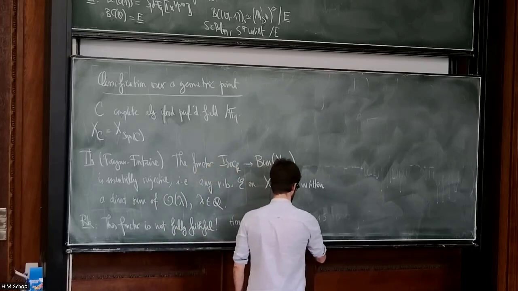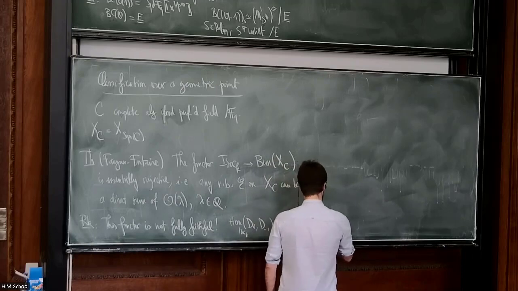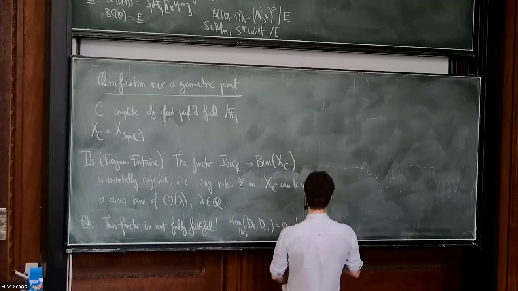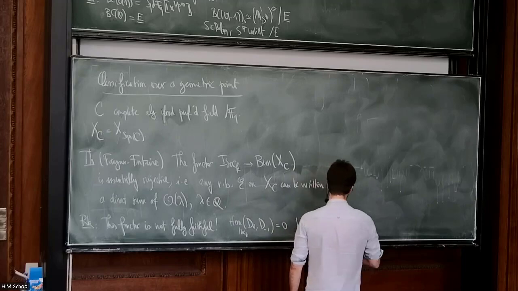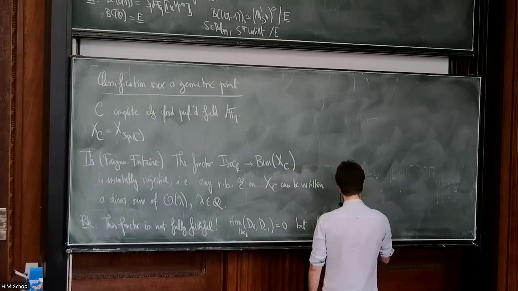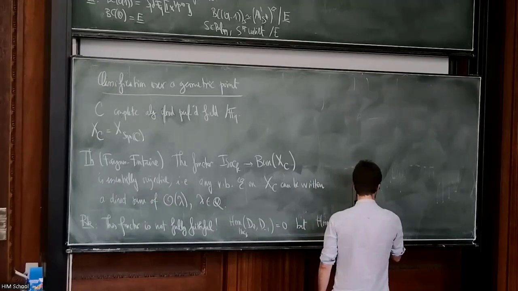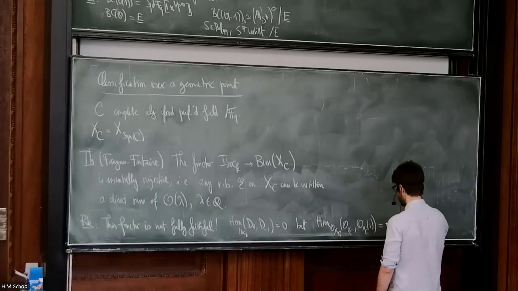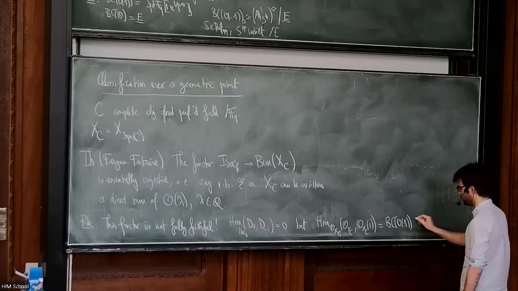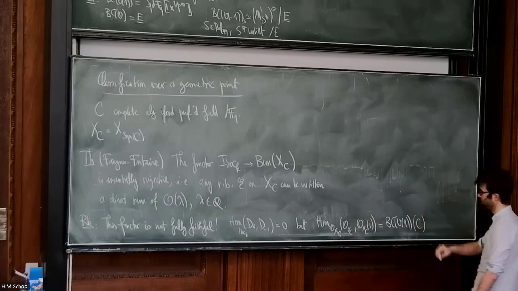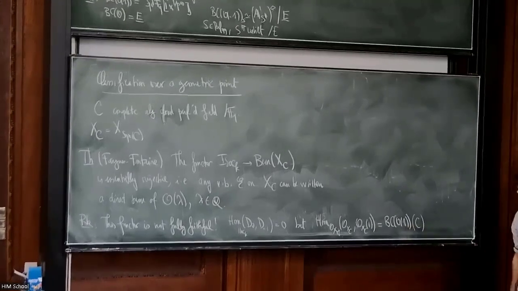But morphisms in the category of vector bundles on the curve between the structure sheaf O_{X_C} and O(1) will be the C-points of what we call B_C of O(1), and this is huge.